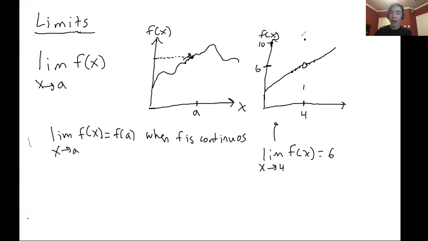So even if the actual value at 4 is 10, because in a small distance around it, you get roughly 6, the limit stays 6. So the actual value does not actually matter. But of course, we're not going to be really dealing with weird functions like this. We're going to be mostly dealing with nice continuous functions on the left. Okay. So those are limits.